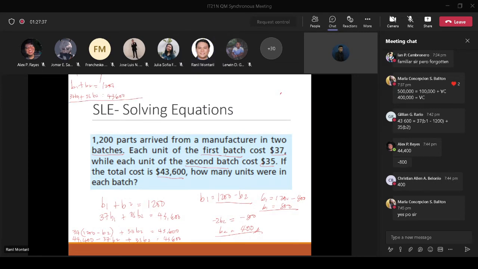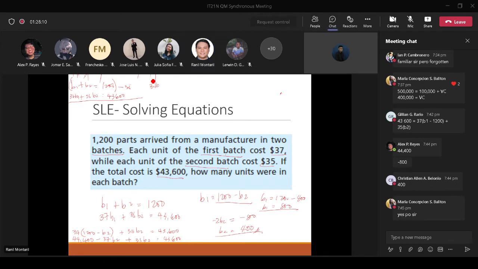Which of the two variables do you want to eliminate first? Suppose we eliminate B2. To eliminate B2, we multiply the first equation by the coefficient of B2 in the second equation, but its additive inverse, so that is negative 35.